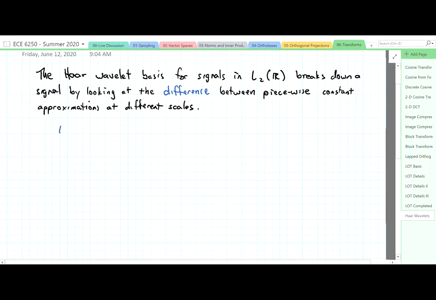We will let this script V0 be the space of signals that are piecewise constant between integers.